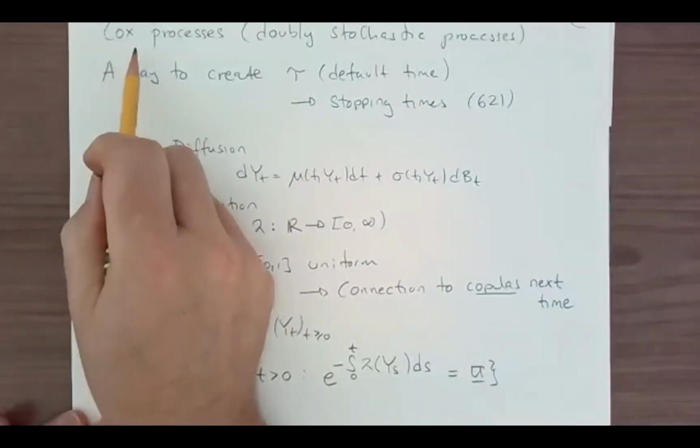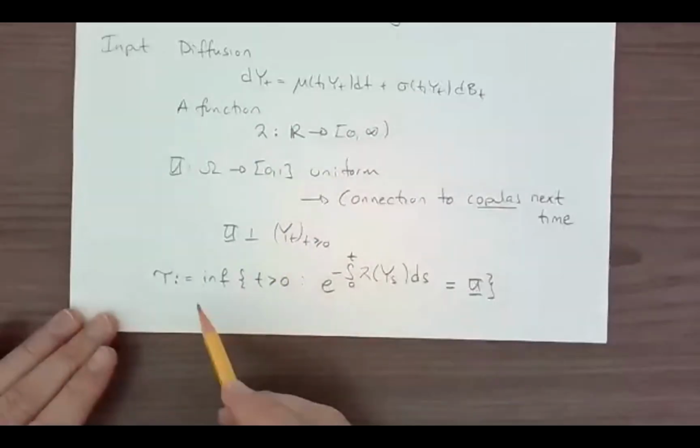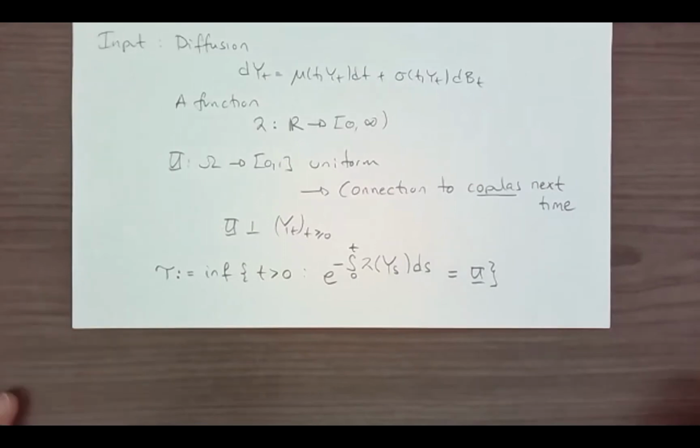That's what it means to be a Cox process. You take all these ingredients and then you form this random variable tau here.